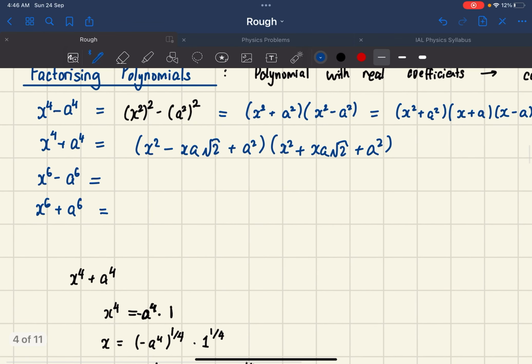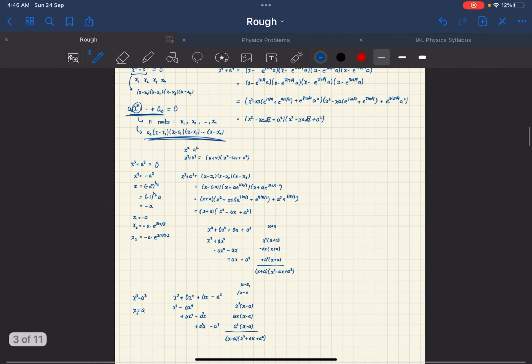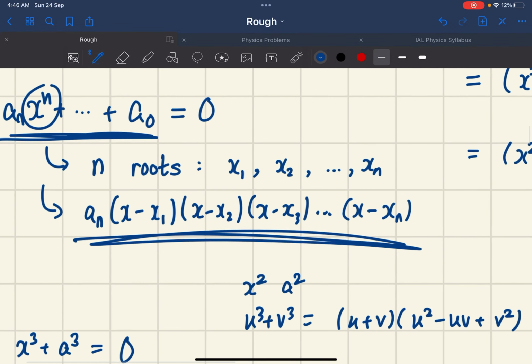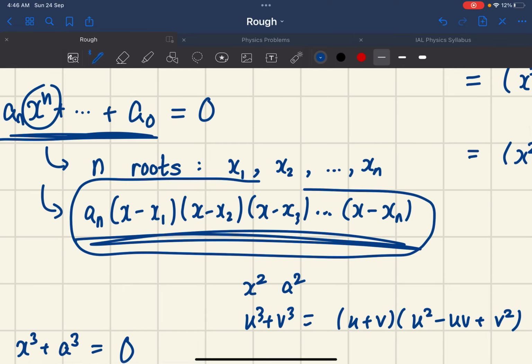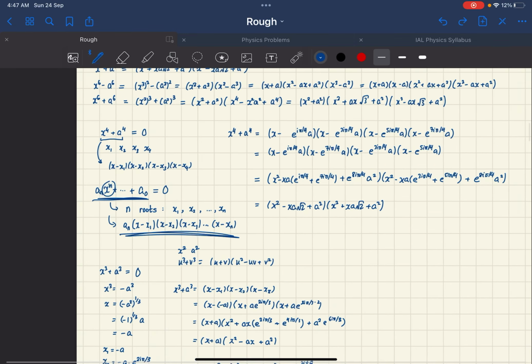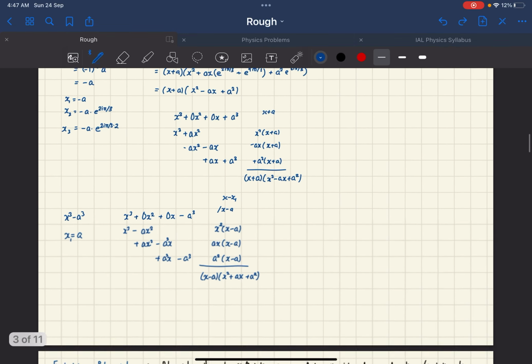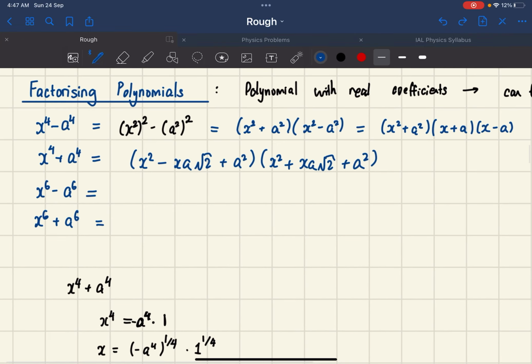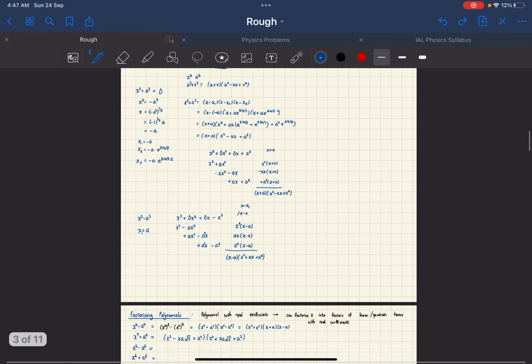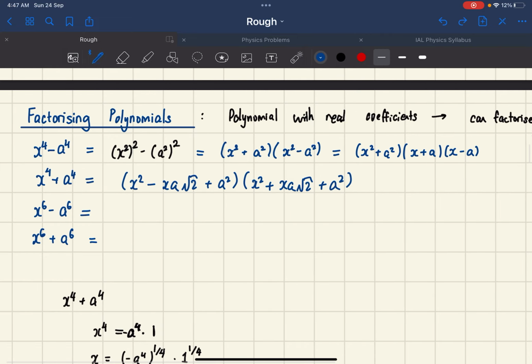We find its roots, and then we can immediately factorize it into this format. And then we expand the brackets, combining complex conjugates together, and we will get the factorized form.